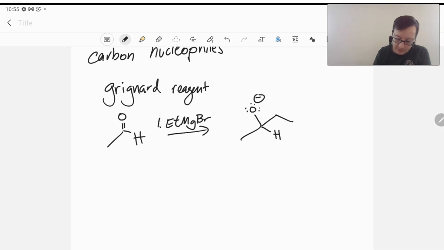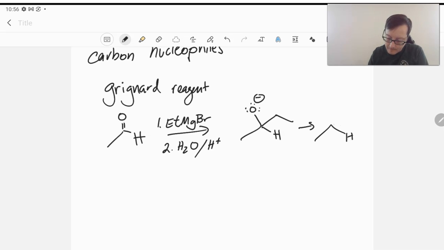Usually step 2 will be an acid wash or just water, and that's usually enough to protonate this. And so step 2 will just protonate, and you'll have it. So you can add a carbon nucleophile to an aldehyde or ketone.